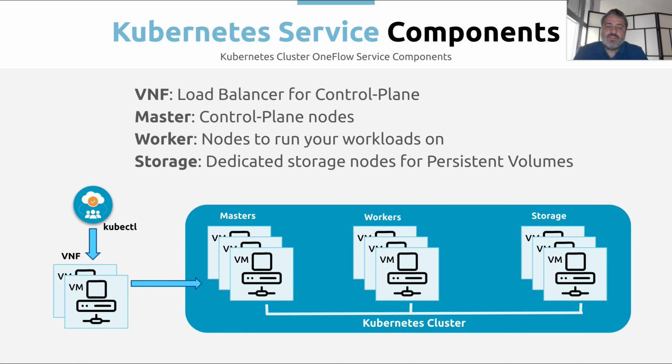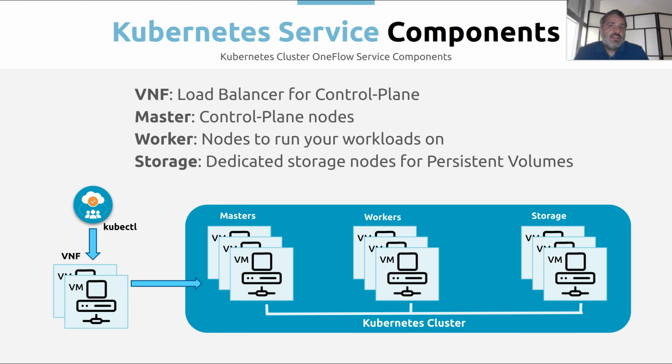So in the Kubernetes appliance, we have defined different components, so different roles in the OneFlow service. In particular, we have defined the VNF role, and this is based on the VNF appliance that is available from the OpenNebula public marketplace, and it's used as a load balancer for the control plane, so for the master nodes. Then we have the master nodes. These are the components that manage the main component of the Kubernetes cluster in order to deploy applications.